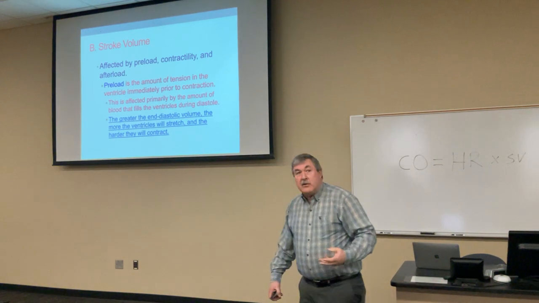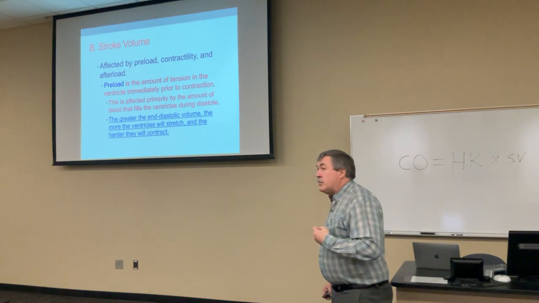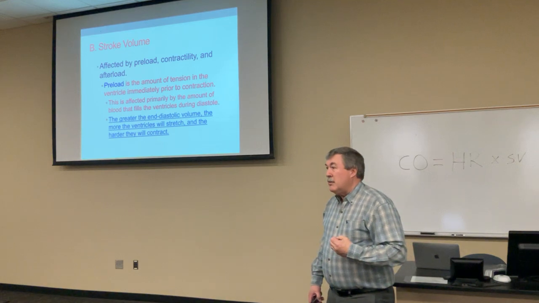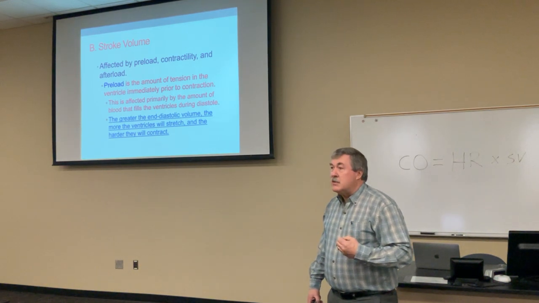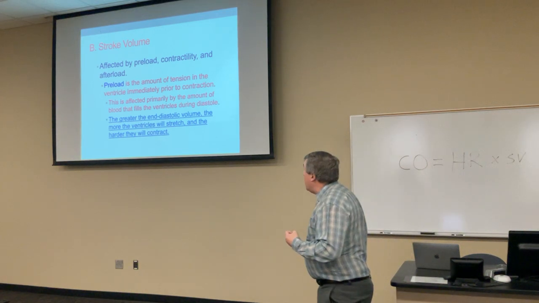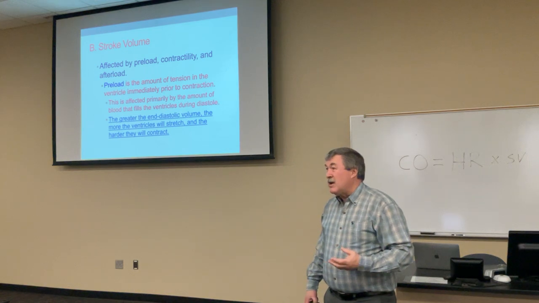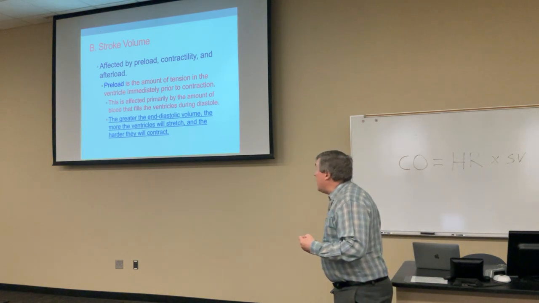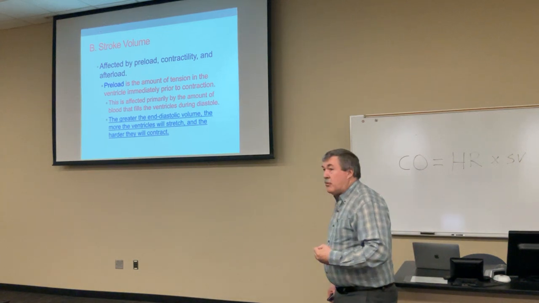So there's three factors that can affect stroke volume. The first is called preload. That's something that happens before systole. And then the second is contractility, which we've talked about before. That's simply the strength of contraction. And then another factor, which we haven't talked about before, is afterload.